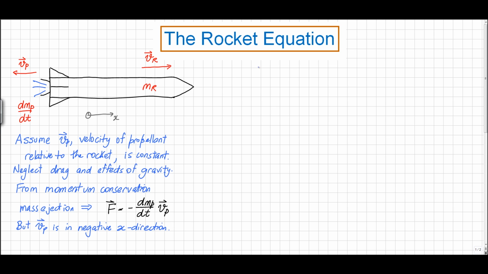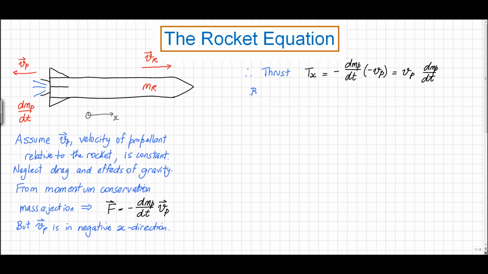So therefore we can say that the thrust, and we'll write that as the thrust, and it's going to be in the x direction, is going to be minus the rate at which we're ejecting the propellant, dmp dt, and we're putting that out in the negative x direction, so it's a minus vp. So that means we get vp dmp dt is the effective force due to the ejection of mass.